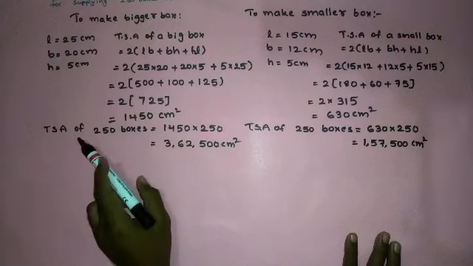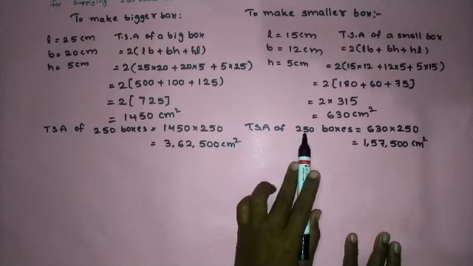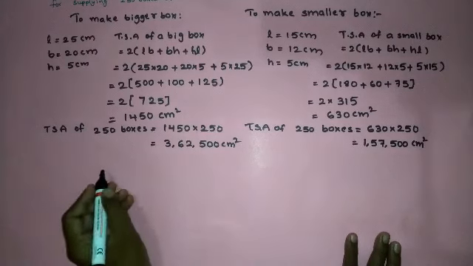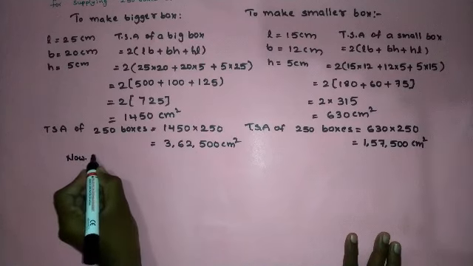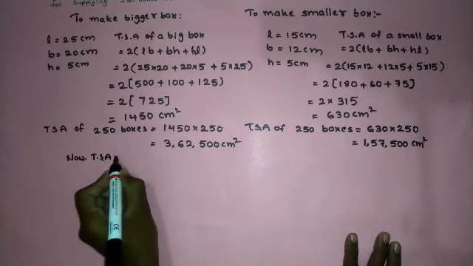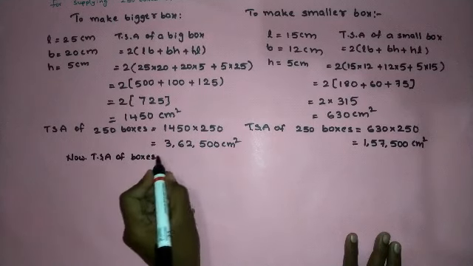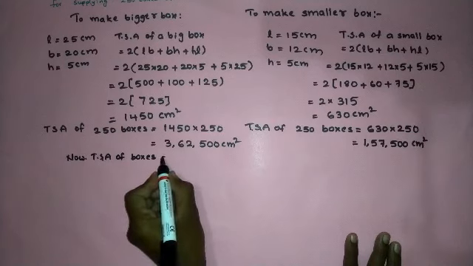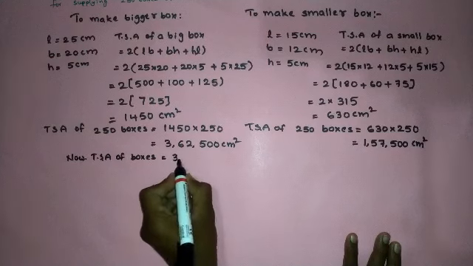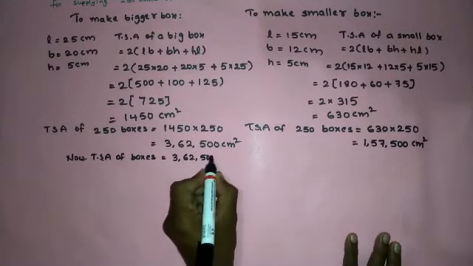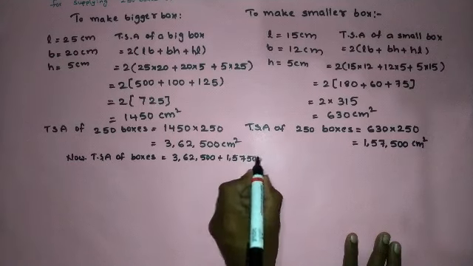Now add the total surface area of 250 big boxes and total surface area of 250 small boxes. Then total surface area of boxes, both types, that is 3,62,500 plus 1,57,500.